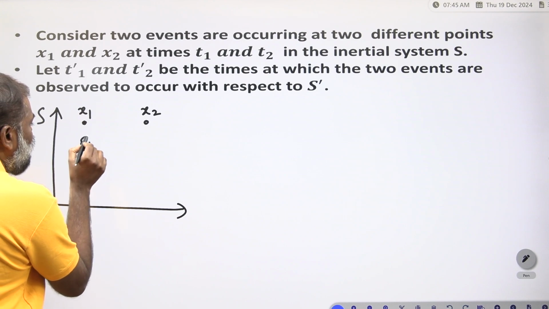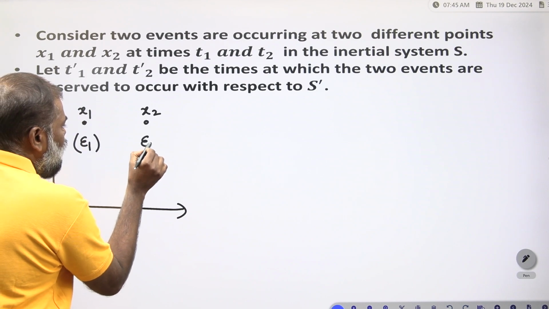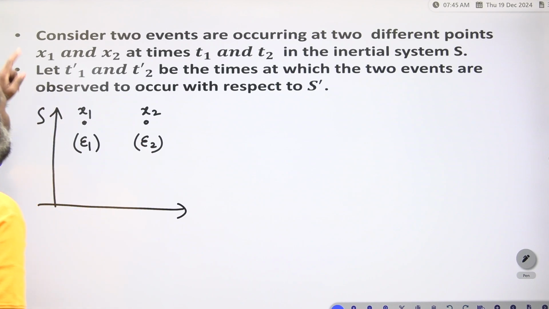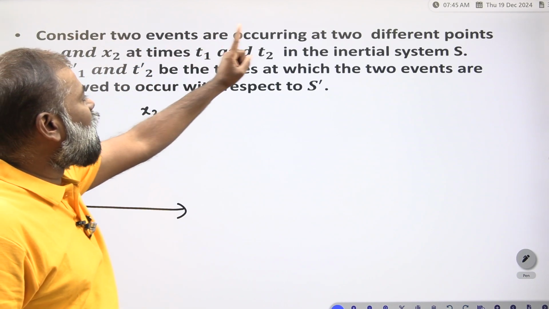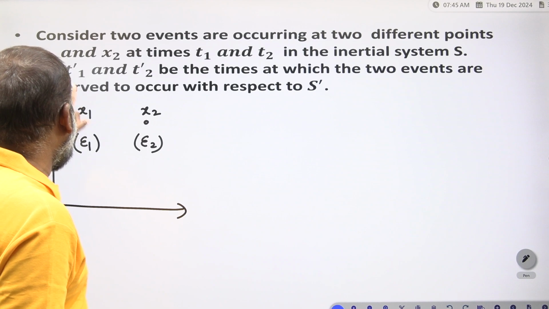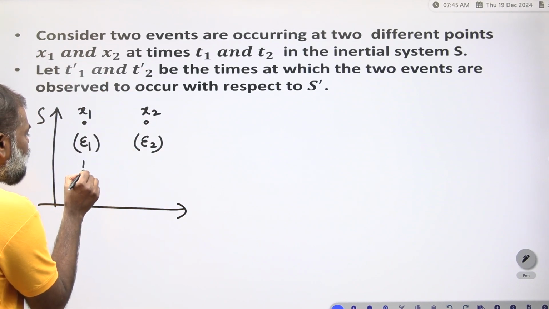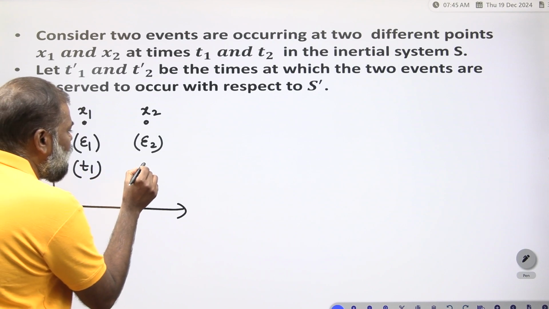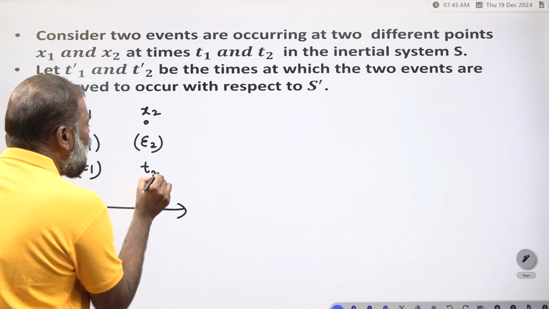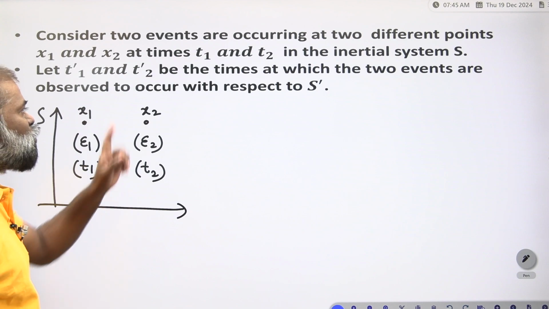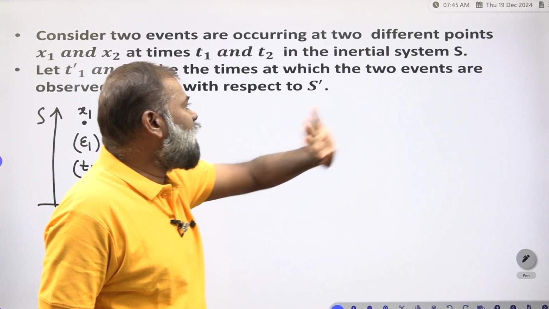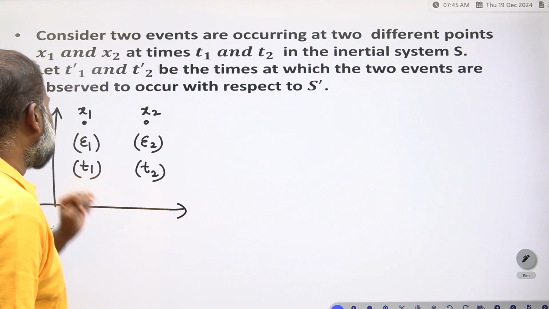These two events occur at times t1 and t2: in time t1 event 1 occurs, in time t2 event 2 occurs, in the inertial system S frame.